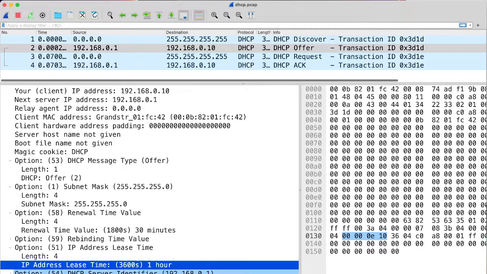But after 1 hour, for example right here, you have to send another DHCP request packet to the server to get a new lease. So it can be set in the DHCP server.